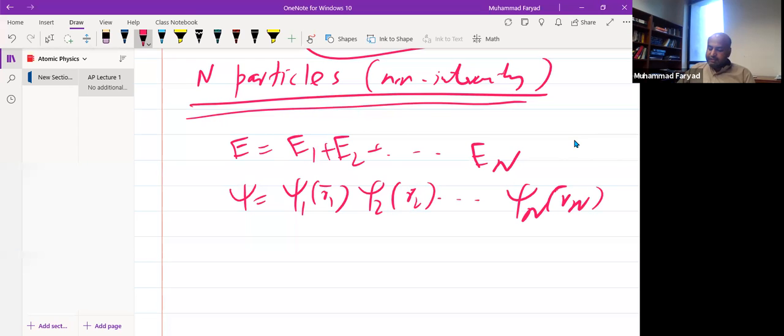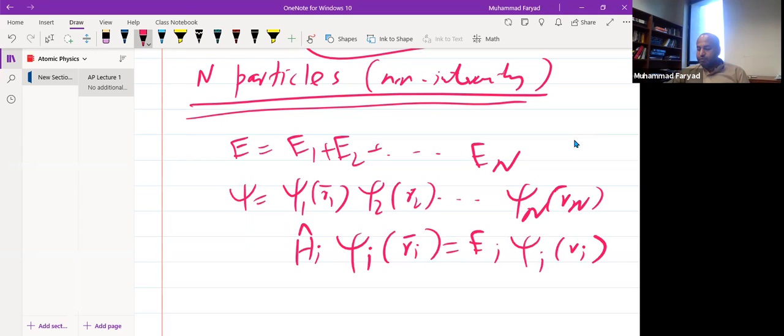And to find these energies, we just have to solve the individual Schrodinger equation for each of the particles without worrying about the rest of the particles. So whenever we have non-interacting particles, we can quickly solve for individual particles and then add up their energies. And that's how we can quickly find the solutions and energies for non-interacting particles.